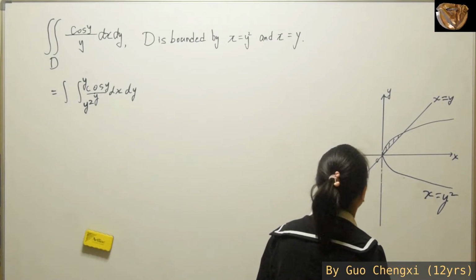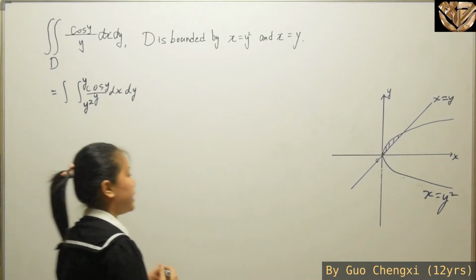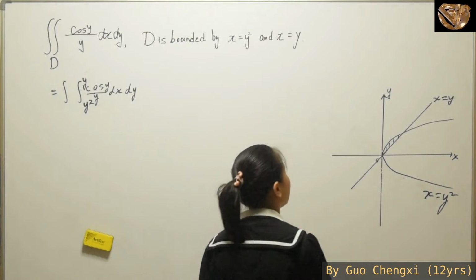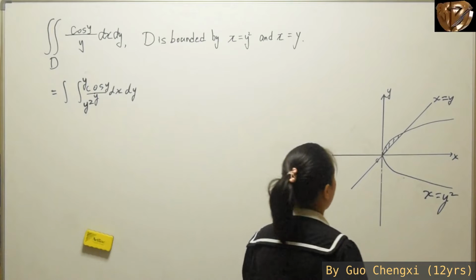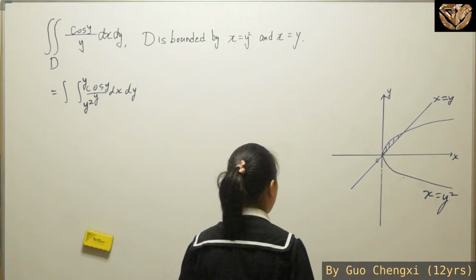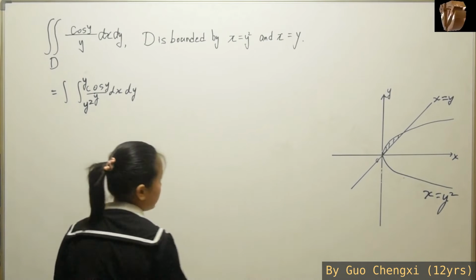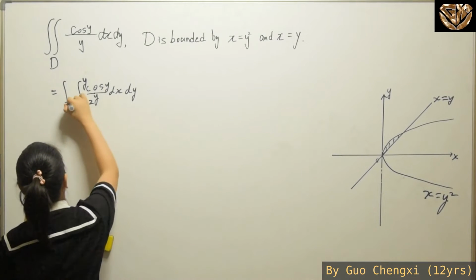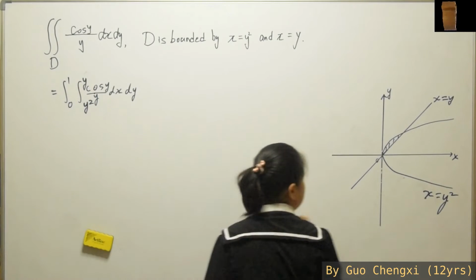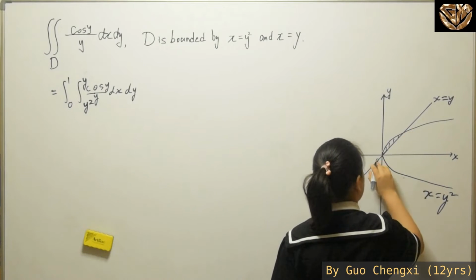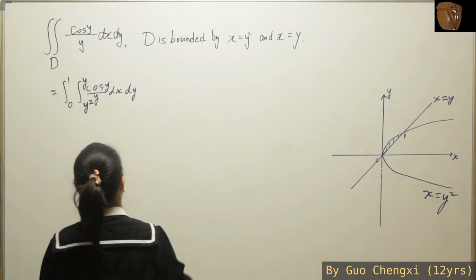Then what about the y-axis? For the y-axis over here, at which two points does x equals y and x equals y squared are the same? One is definitely 0, where y and y squared both will be 0, another will be 1. So for y it will be from 0 to 1, okay? So it's basically saying that the two intersecting points are 0 and 1. For y and y squared will be the same at those two points.